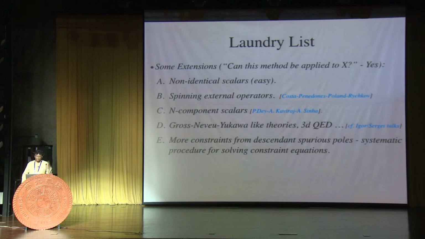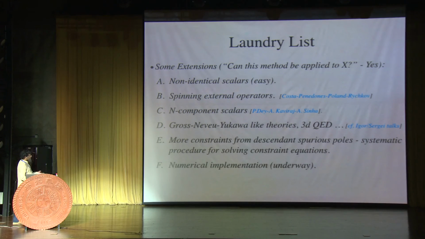I should say that we took the simplest constraints from the leading order pole. It's possible that there are more constraints from descendant poles, and hopefully we should be able to make this a systematic procedure for solving the constraint equations.